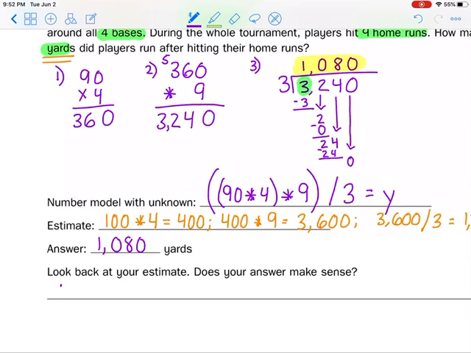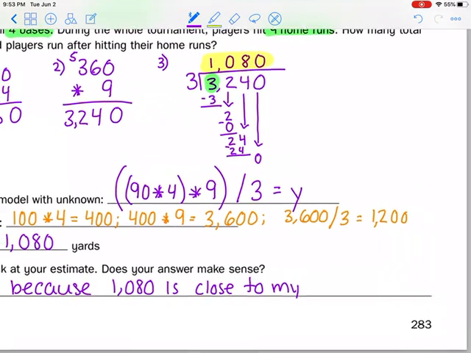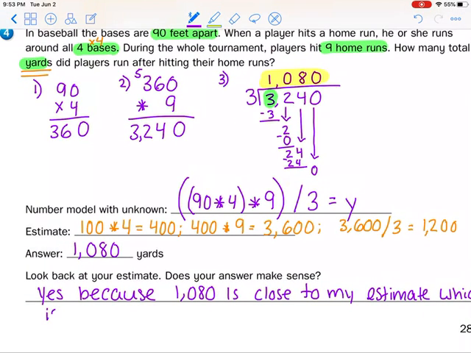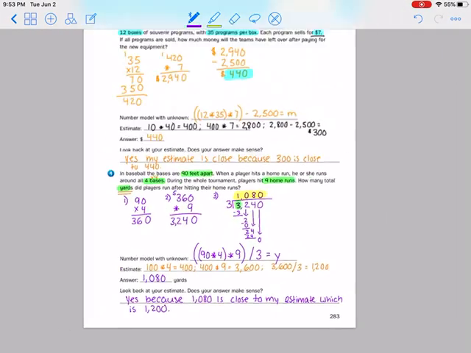And my estimate was correct because the answer, which is 1,080, is close to my estimate, which is 1,200. Okay, there you go.